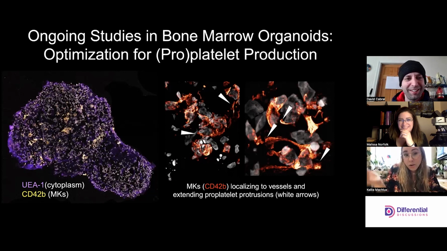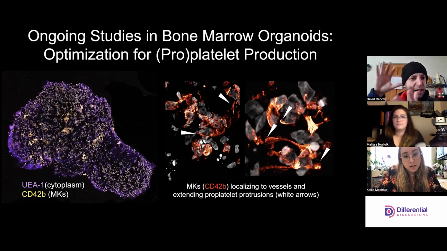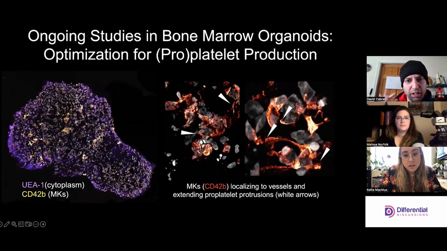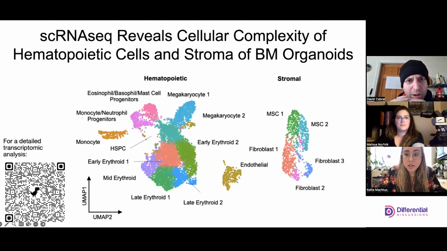Great. In the previous slides, you had what looked like a three-dimensional image, super complex. This must be so much data. Yes.